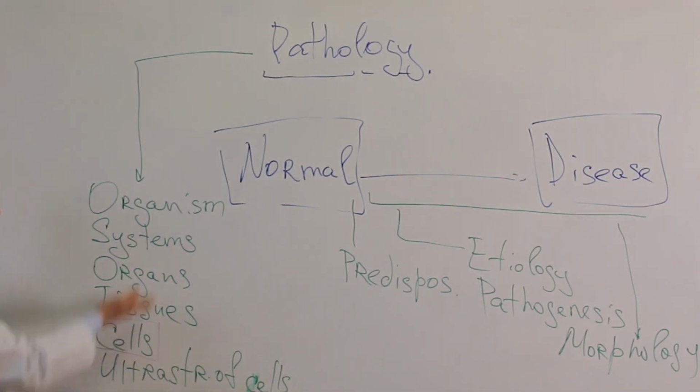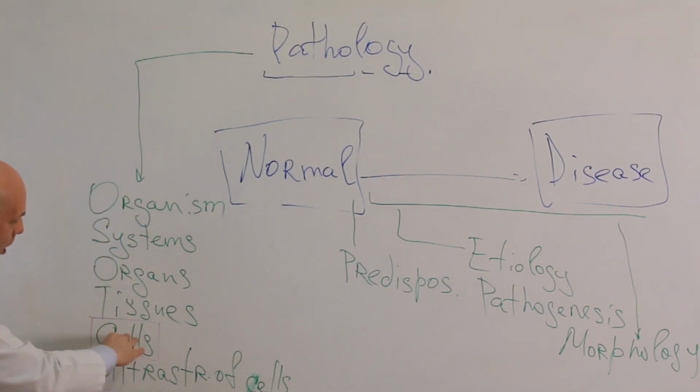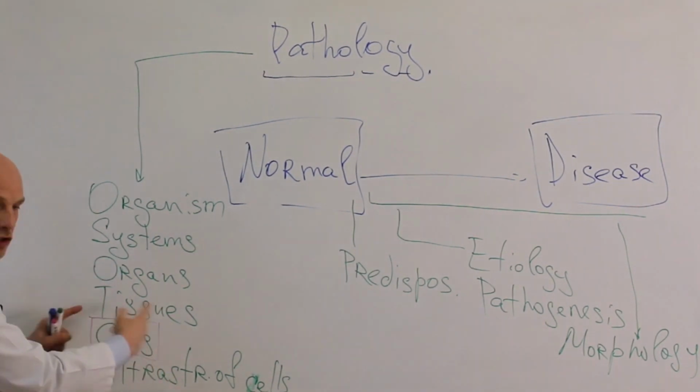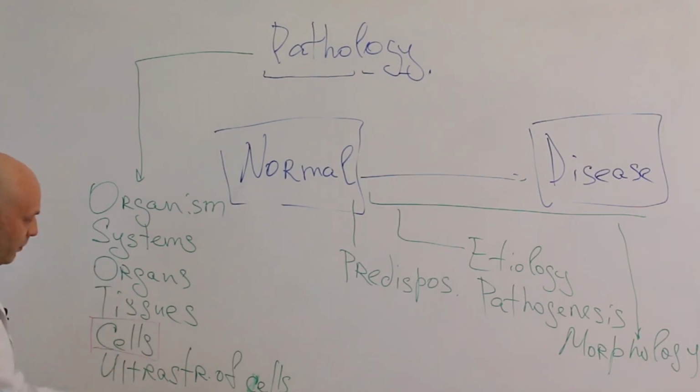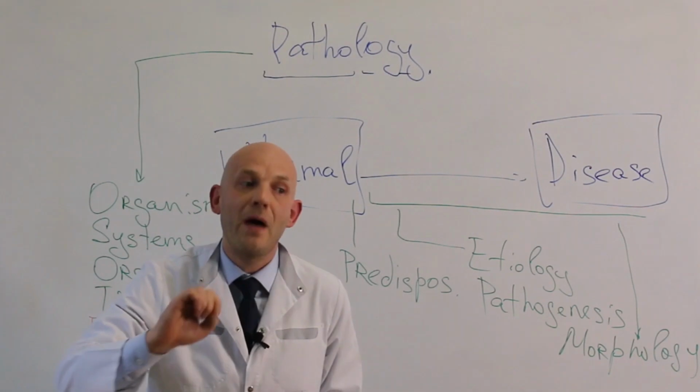And we may go upward on this scale of organization, or we may go downward to reveal those changes on the cellular level and to confirm them on the ultrastructural level, or even on the molecular and biochemical level.